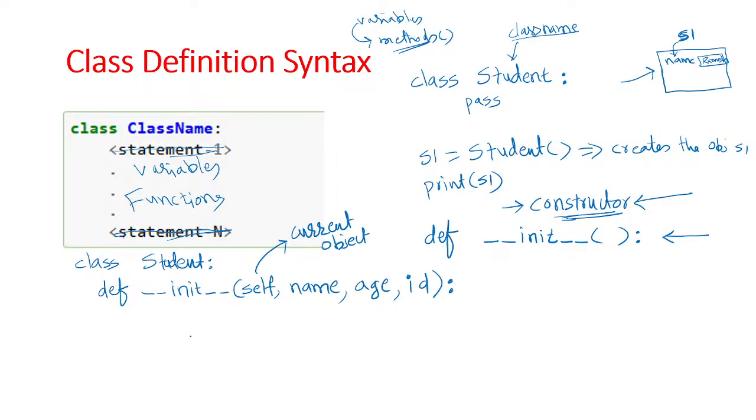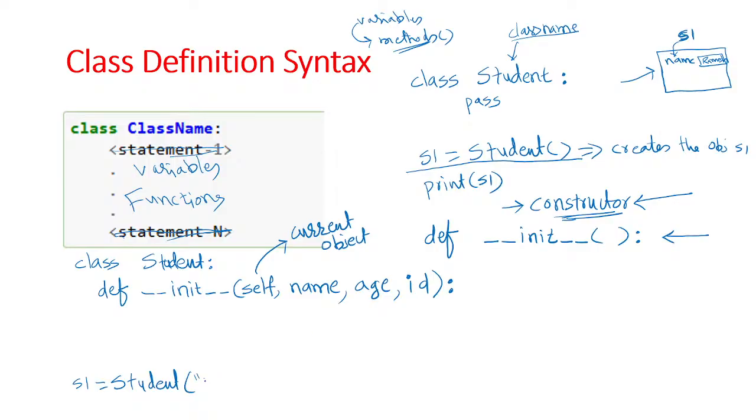For example, for this student class, this is how you create an object. Now the statement changes. After the class, you can create the object like this: s1 equals Student, followed by the three values: name, age and id.